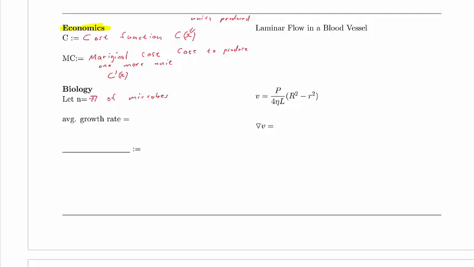And so we have an average growth rate, which will be given by the average change in the number of organisms that we're dealing with per time. Change in organisms per time. Again, this is just N2 minus N1 over T2 minus T1.